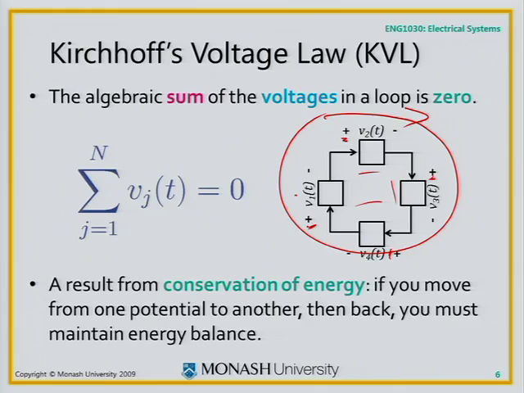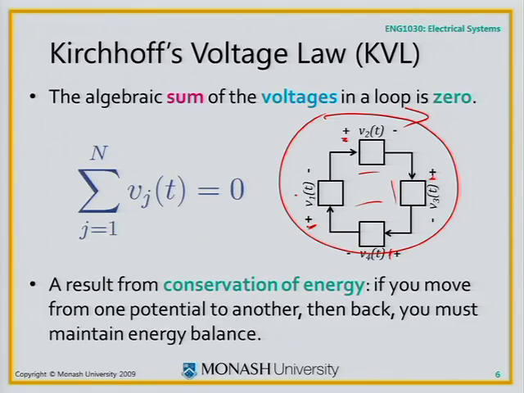So the reference direction has to be consistent. So when we go around loops and we encounter first the positive and then the negative, I'm going to write plus voltage. If I hit the negative first, going around the loop, I'm going to write minus voltage, minus the voltage drop. You could do either, but you have to be consistent around the loop.